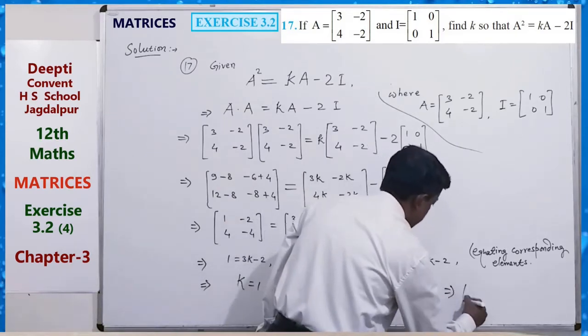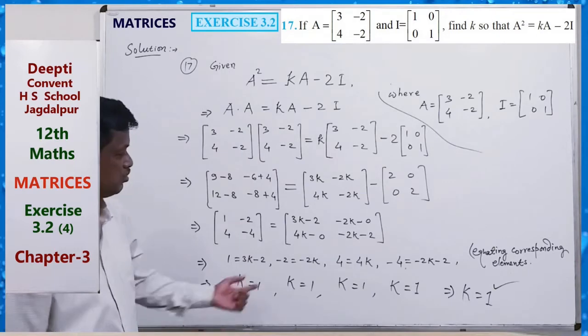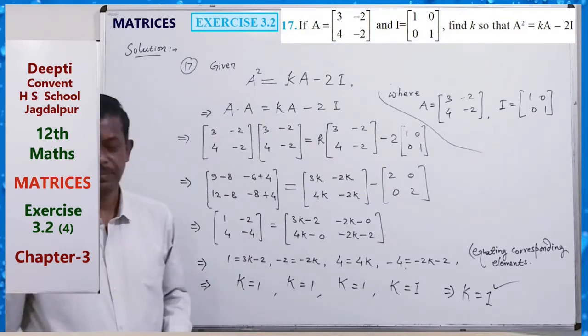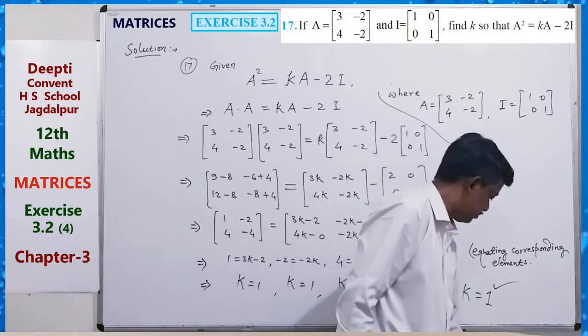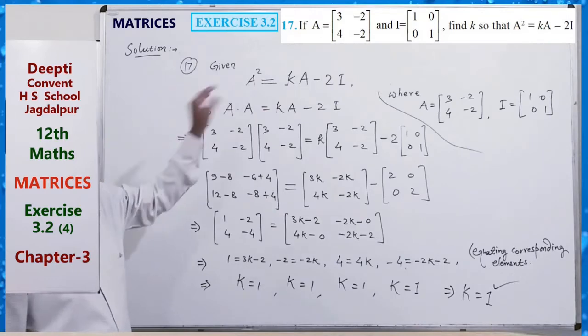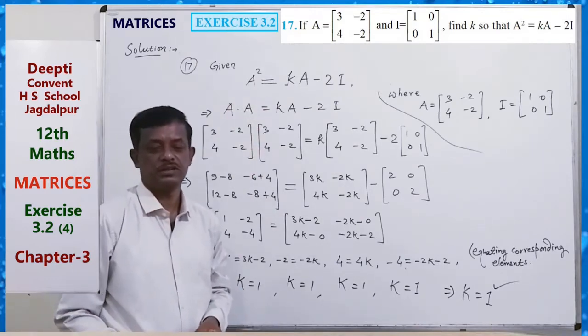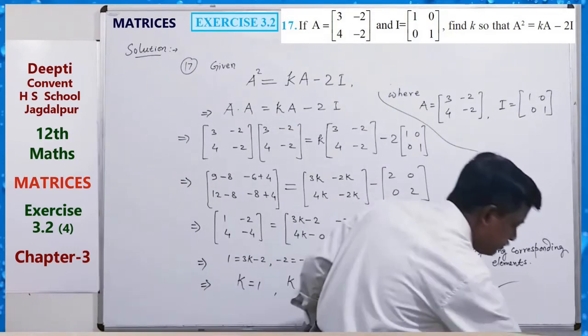Finally, the value of k is 1. In all cases, we get k equals 1. So first of all, find the value of the power of the matrix and then use it in the matrix equation. Then you can get particular values. Okay. Now question 18.